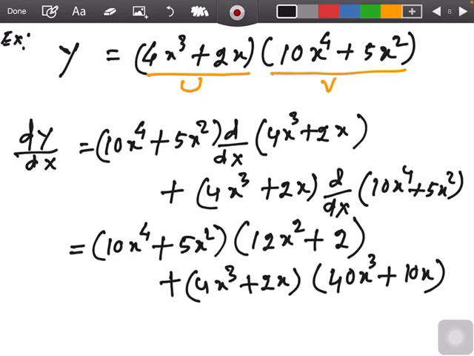Today we will be reading the last rule. After product rule, next rule is rule number 5. Already you have completed rule number 4.